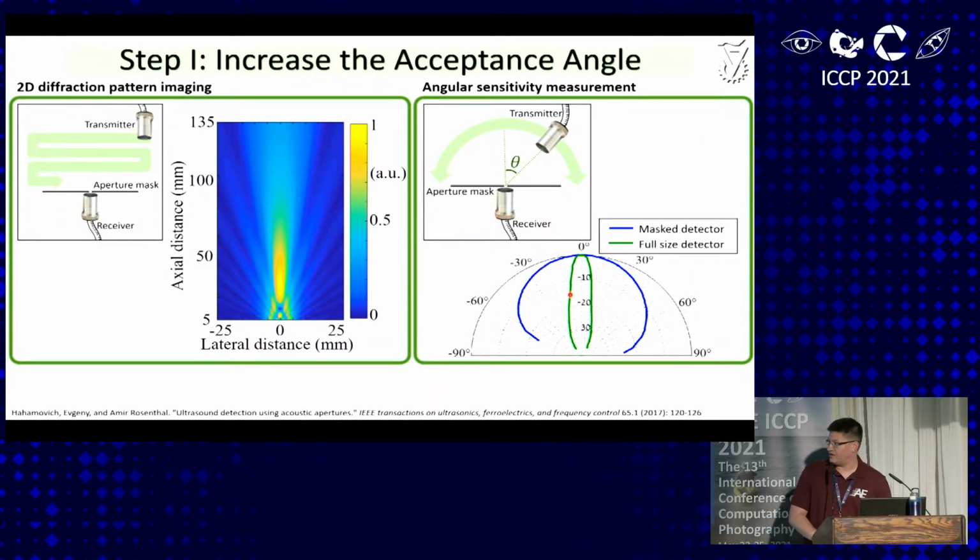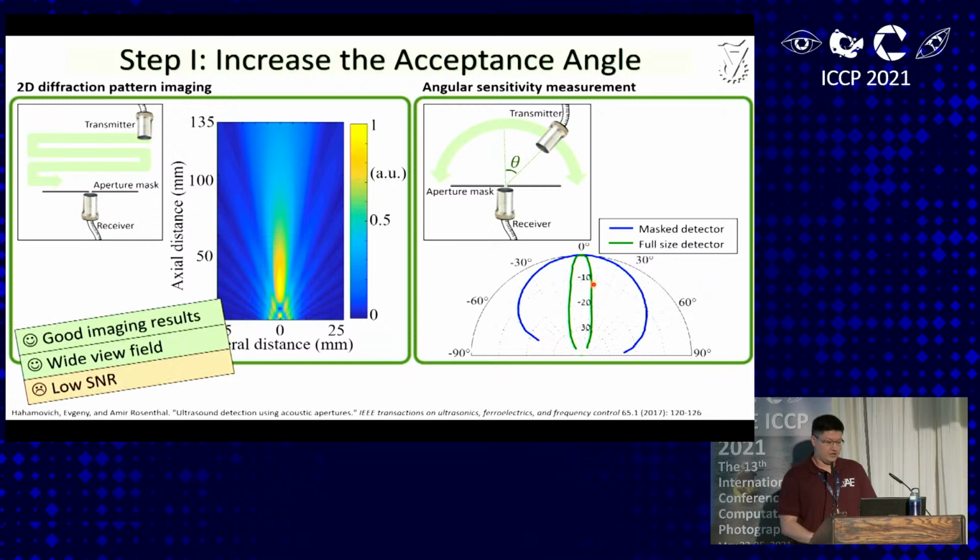As you can see here in the angular sensitivity measurement, we have extended the view field of this detector from plus minus 7 degrees to plus minus 50 degrees by adding the mask. So we have a huge view field. Again, good imaging results, good angular sensitivity, but the problem is the low SNR, because we block most of the signal. Most of the signal is blocked by the mask, and only a small portion is passing through the aperture.